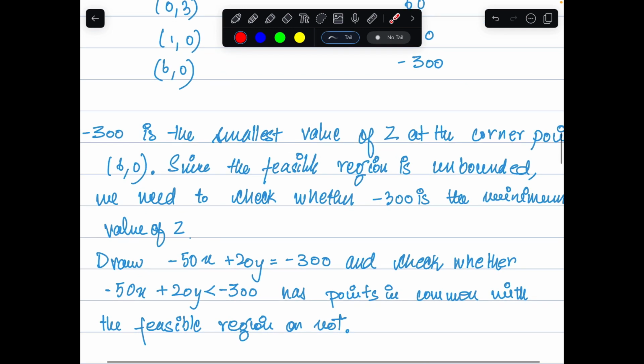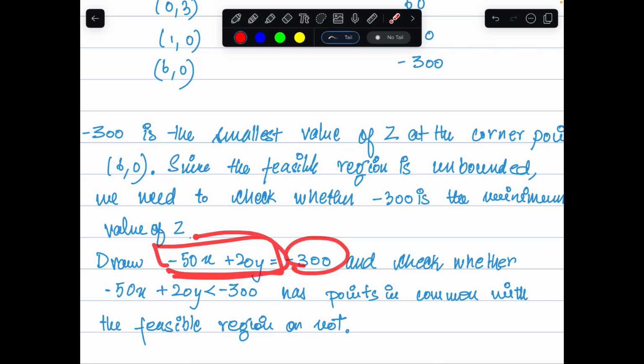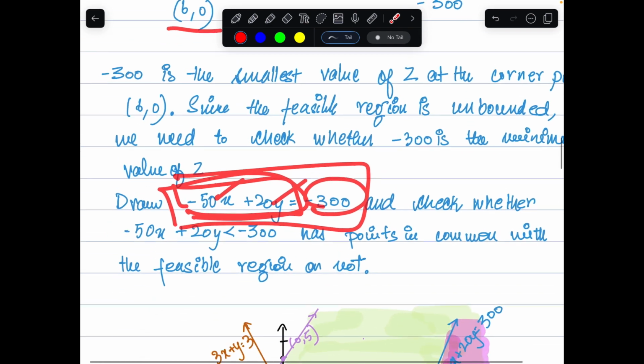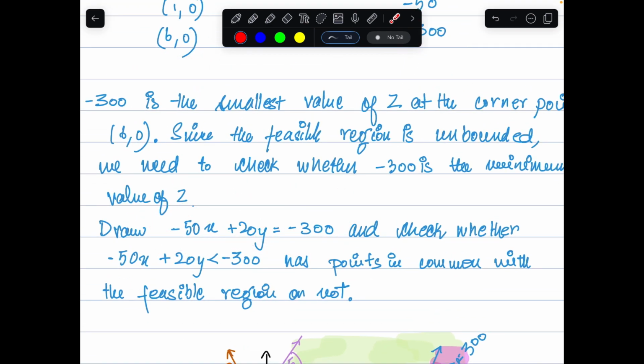The important thing here is the region is unbounded. So I need to check whether this is actually the solution or not. For that, this function is giving me the minimum, correct? So this equation is true, with x and y value being 6 and 0. Now I am going to place this inequality on the graph.